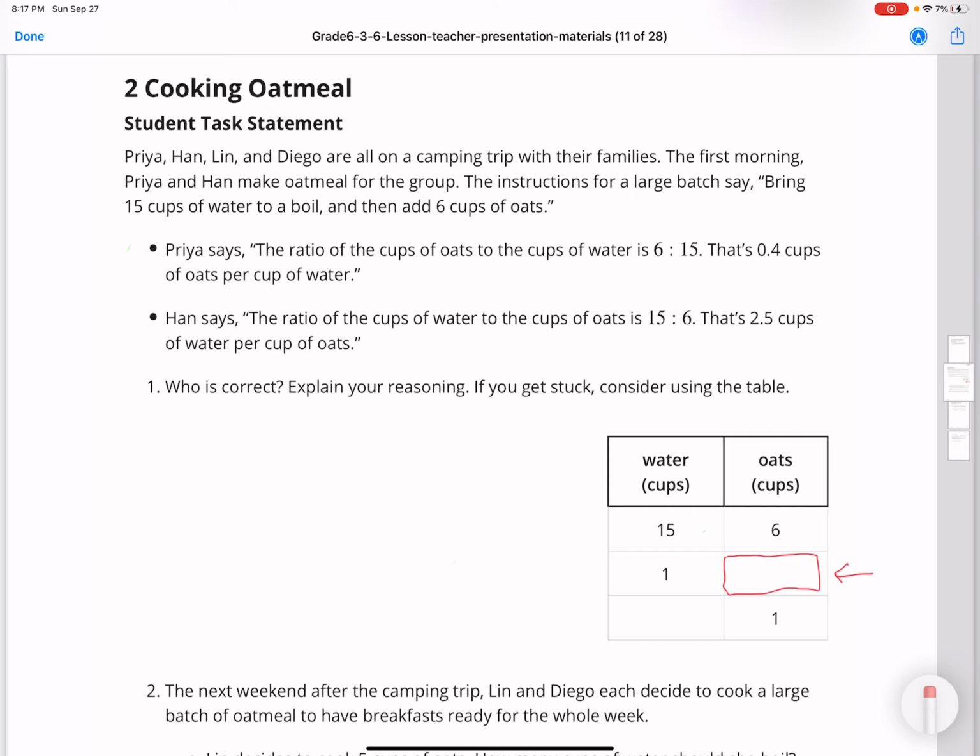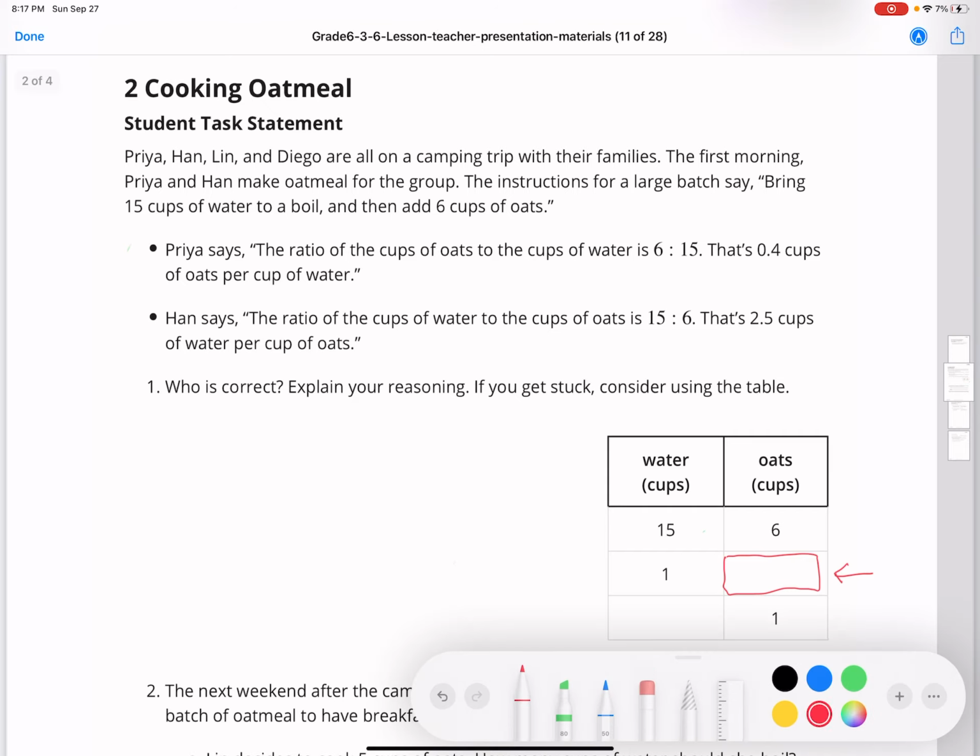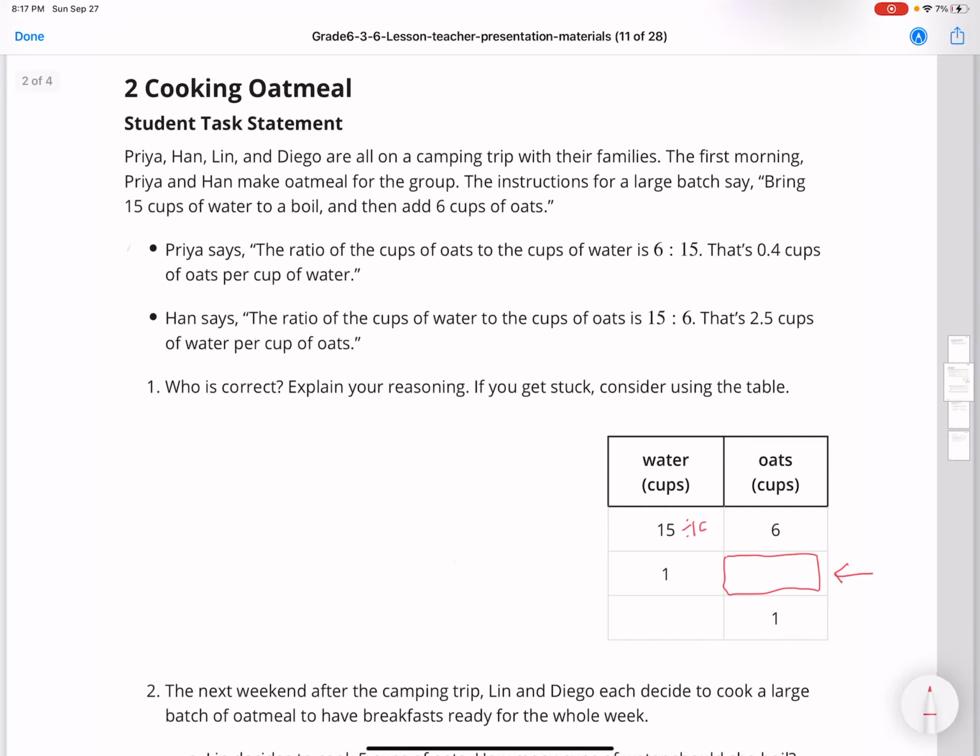If you guess 15 divided by 15, you're absolutely correct. And with ratios, whatever you do to one side, you have to do to the other side. So when I divide 6 by 15 on both sides, you should get 0.4 or 4/10 cups of oats.